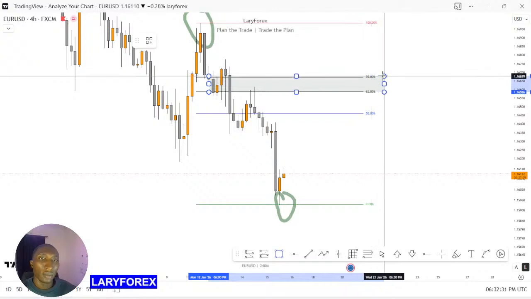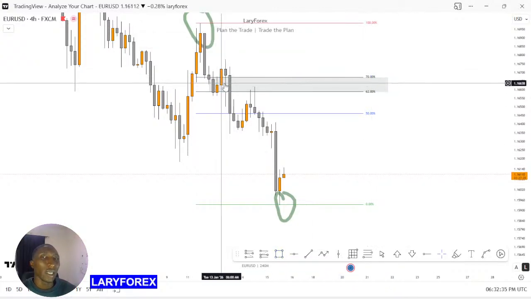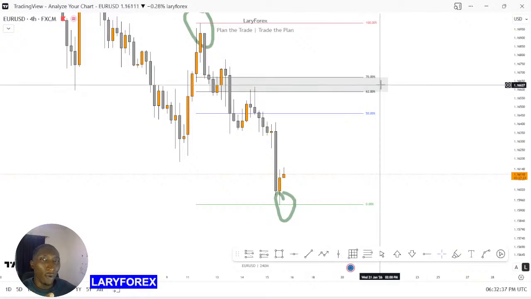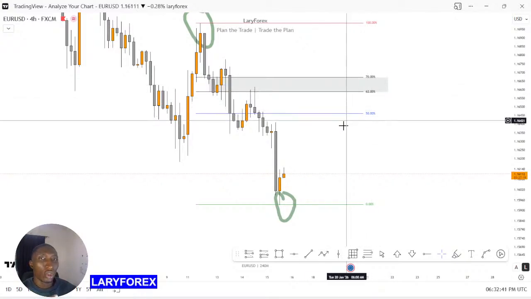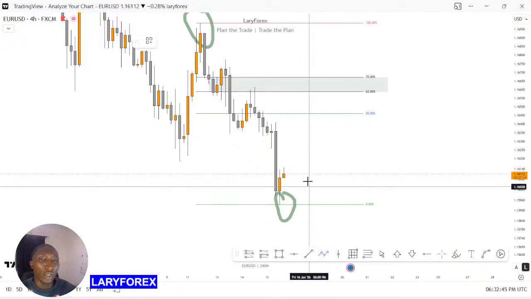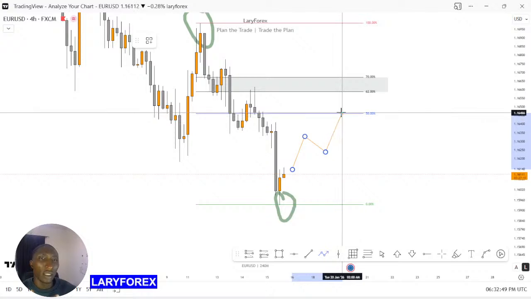Though this level has been mitigated before, this is the level we will be looking to sell from. So we'll be anticipating if price comes back to this level, to the 50% retracement level, that's the equilibrium.